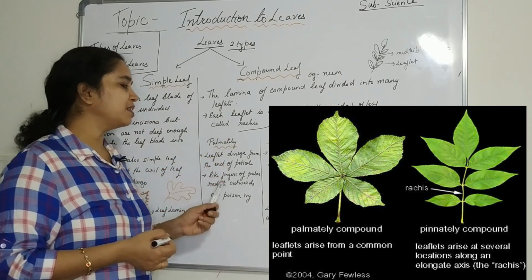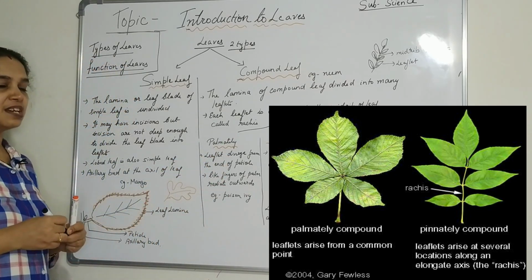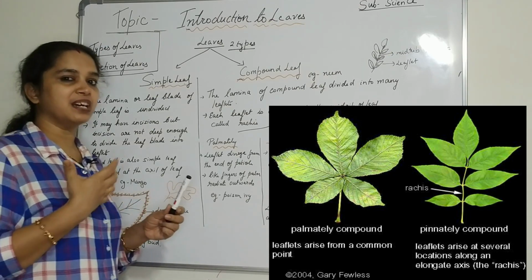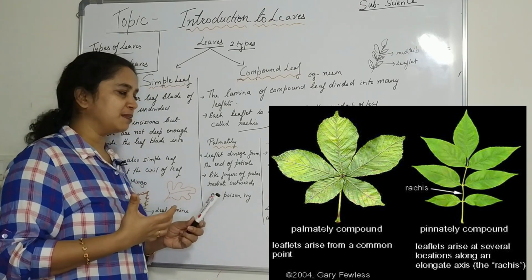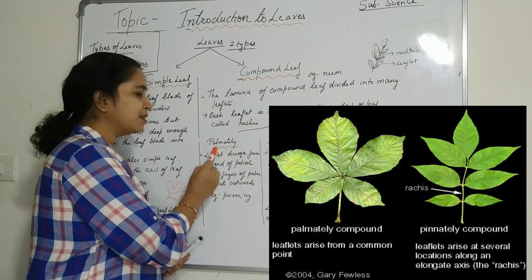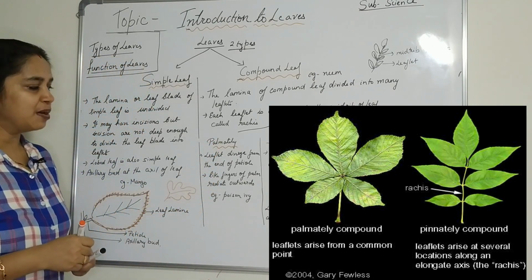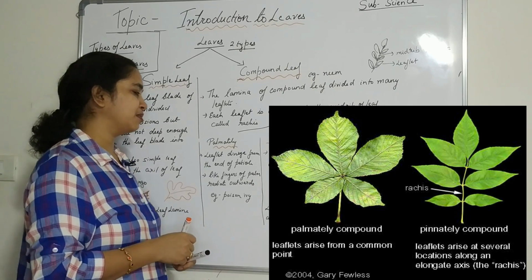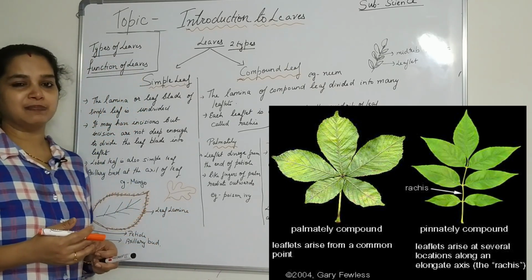The compound leaves are divided into three categories according to how the leaflets are arranged on the midrib or the petiole. They are three types: palmately compound leaf, pinnately compound leaf, and bipinnately compound leaf. What do you mean by palmately compound leaf?